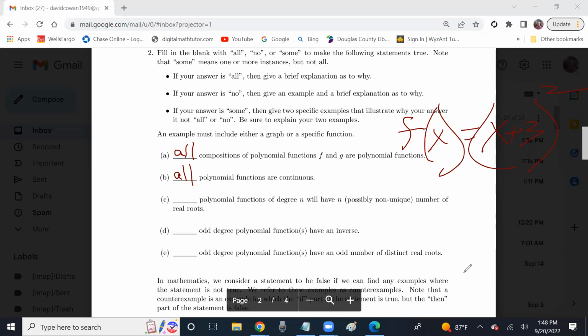There. That polynomial, the way you find roots is by setting f of x to 0. So now, can I solve that? And the answer is no.